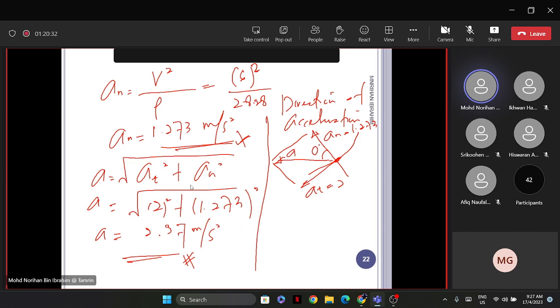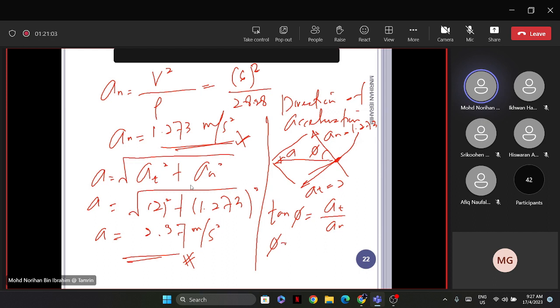Let's say this angle, this symbol which represents the direction as well, tangent phi is equal to AT divided by AN.